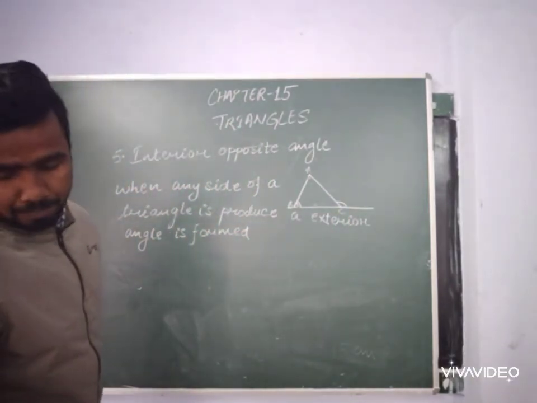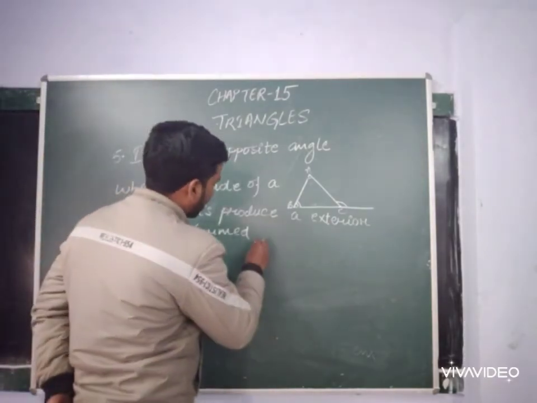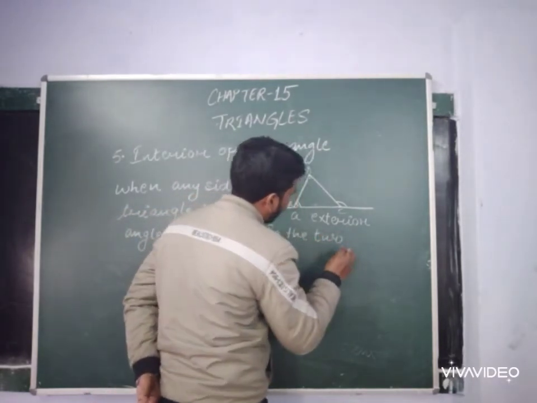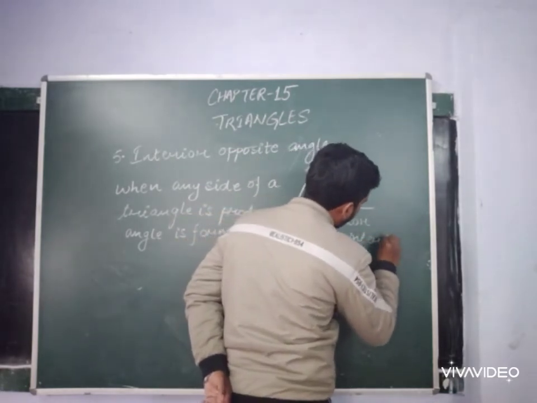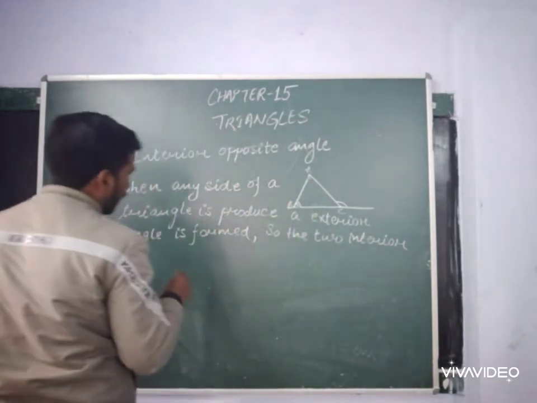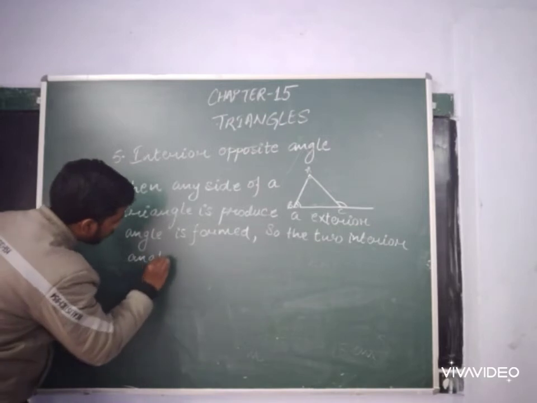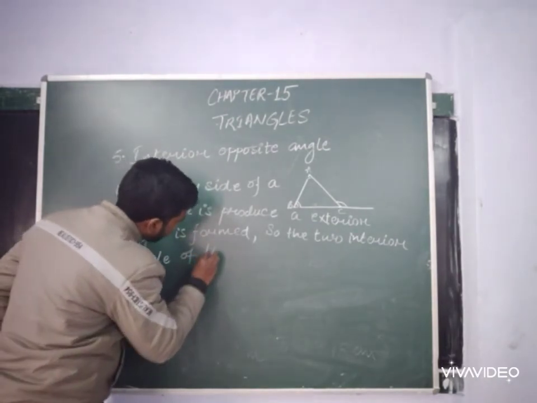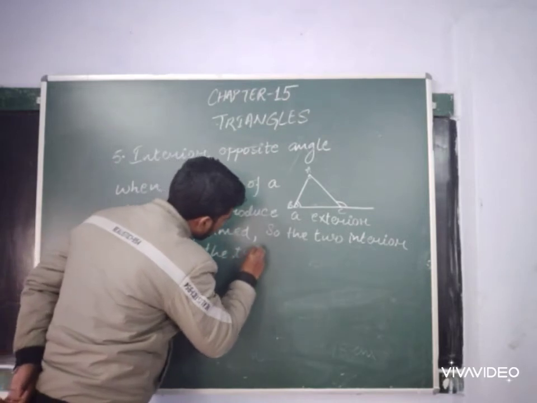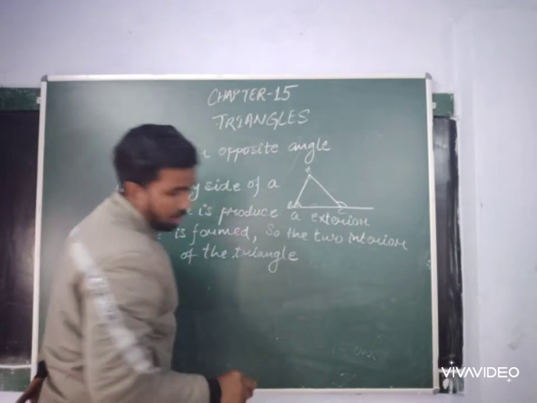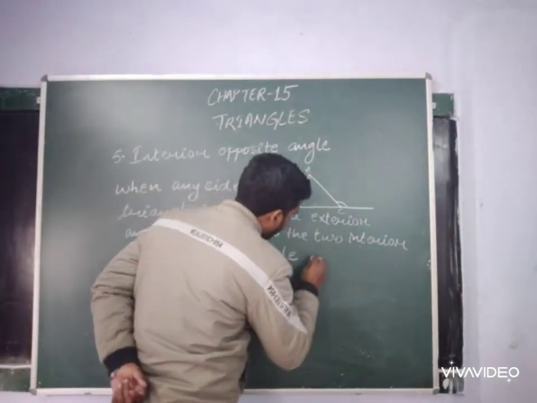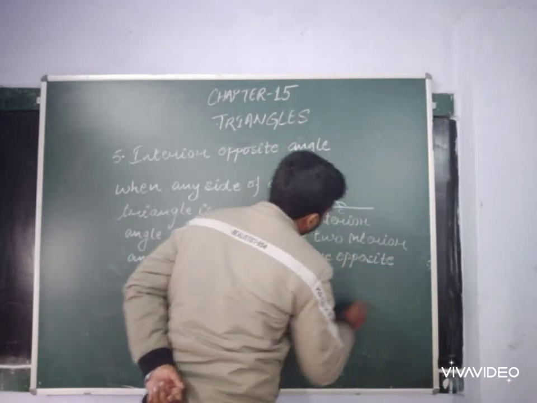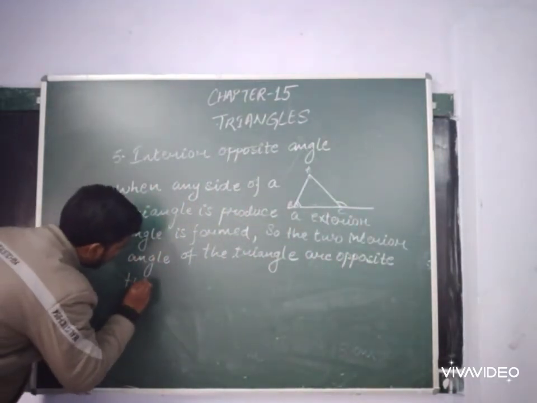So now the two interior angles of the triangle, which means these two angles, are opposite to the exterior angle formed.